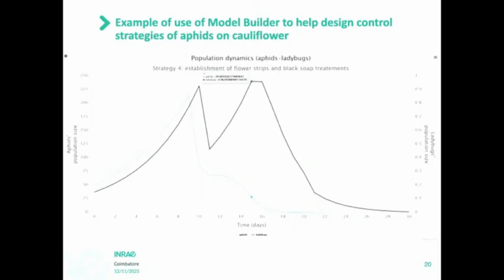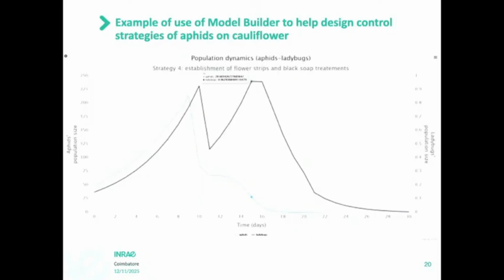You can say, okay, what is going on if I use not only flower strips, but also black soap treatments? So these are the two dynamics that are modeled. So using that, if I compare the three strategies, the best one with regard to the efforts needed and the impact is just to use flower strips.